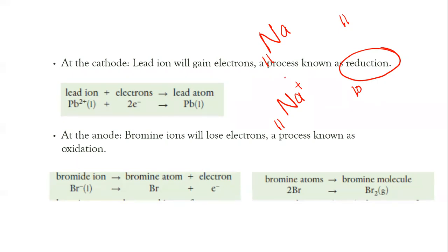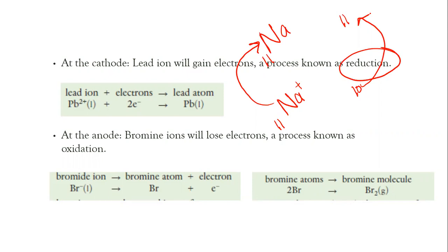And if this sodium ion wants to turn back from an ion into an atom, it needs to gain that electron back. It needs to somehow get that electron back so it can go from an ion back towards the atom state. So when any ion gains electrons, when it takes electrons or gains electrons from anywhere at all, we call it reduction.